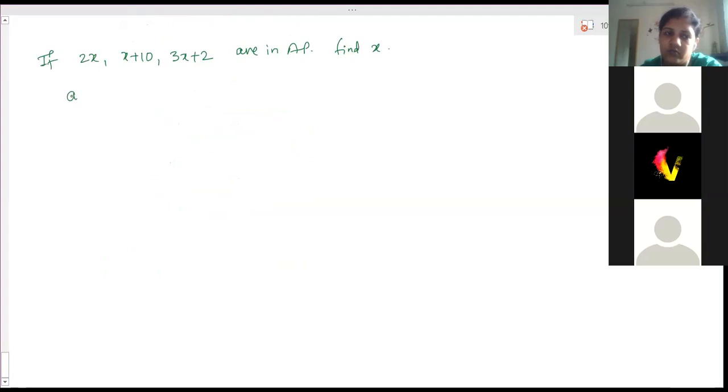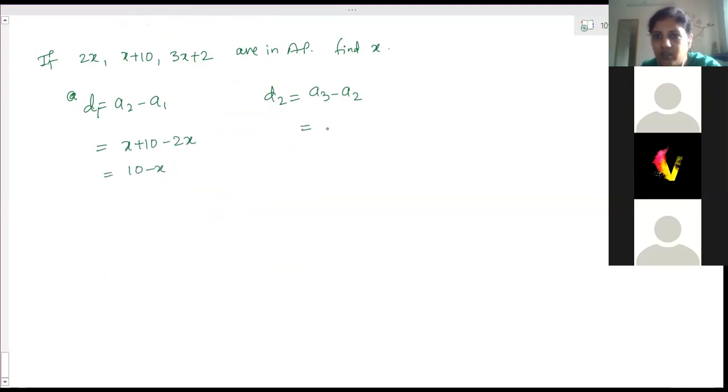Difference d1 is equal to a2 minus a1 and d2 is equal to a3 minus a2. What is a2 minus a1? x plus 10 minus 2x, that is 10 minus x. What is the difference in the next two terms? 3x plus 2 minus x minus 10, that is 2x minus 8.